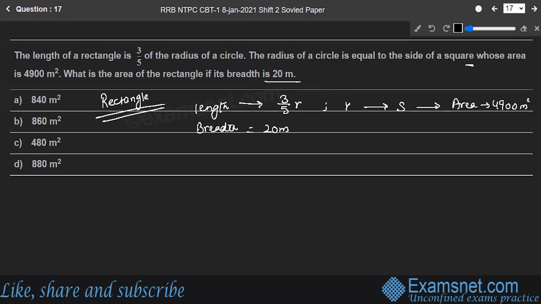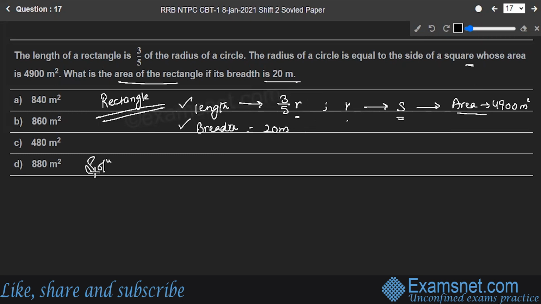Correct? So in order to find out the area of the rectangle, you need the length and the breadth both. We are given the breadth, but we are not given the length exactly. But we are given one hint. We are given that length is equal to 3/5 of the radius. So radius is equal to side, and for finding out the side of the square, we can use the area of the square. Okay, let's go for this.